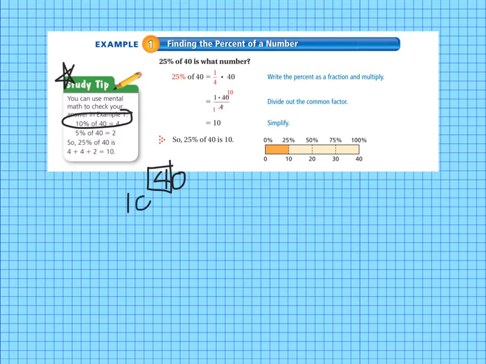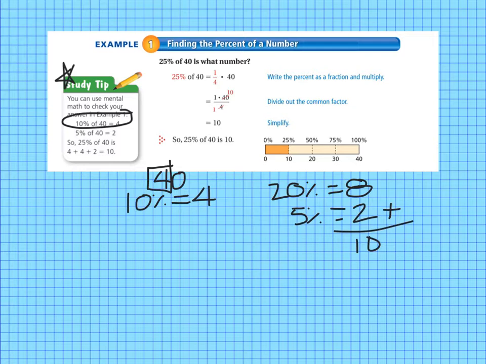So 10% equals 4. That means that 20% is twice that, so that equals 8. And 5% is half of that, so 5% equals 2. And 8 plus 2 equals 10.